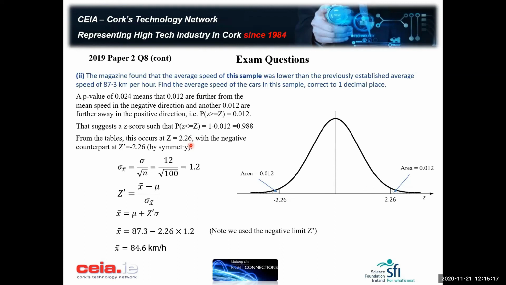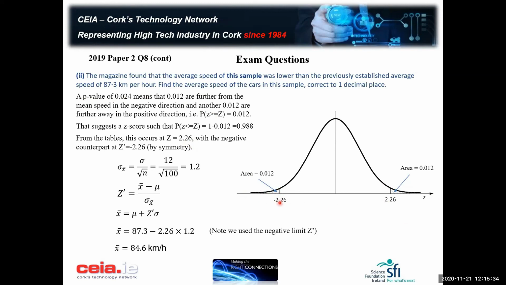Right, so this p-value of 0.024, a p-value is the probability that you had a value that extreme or more extreme.